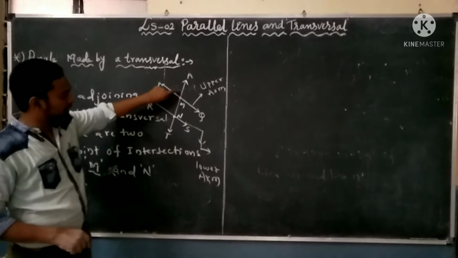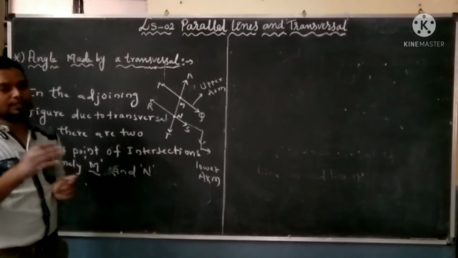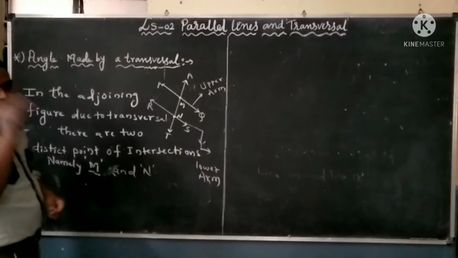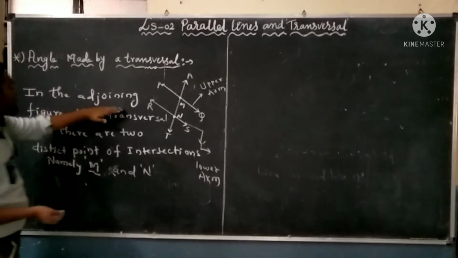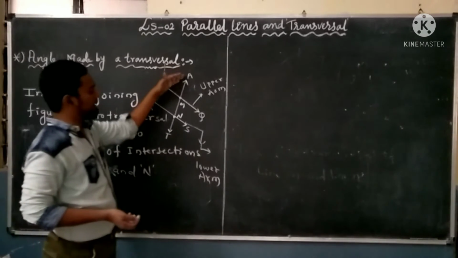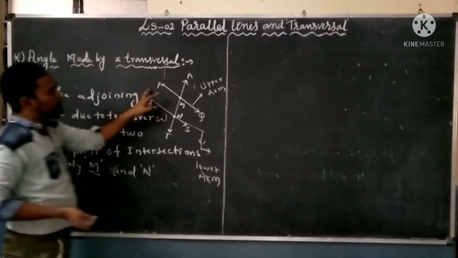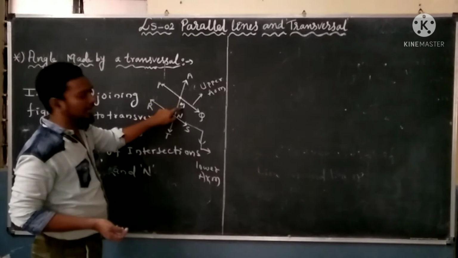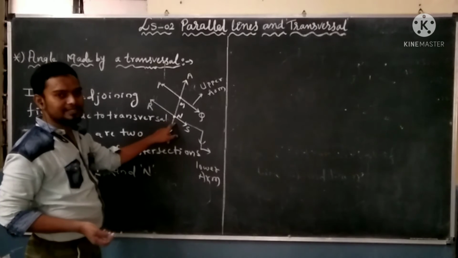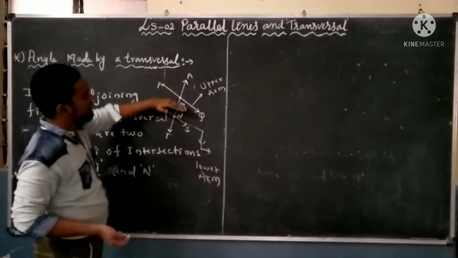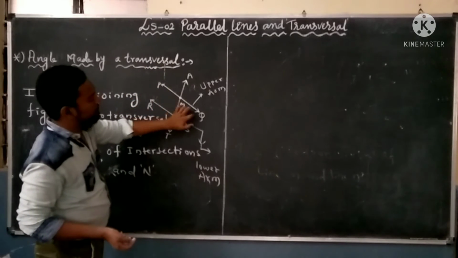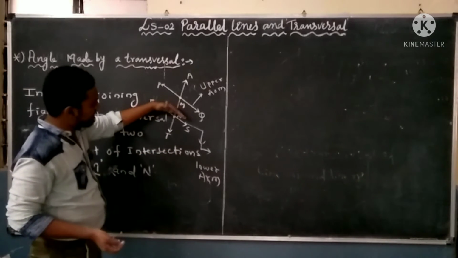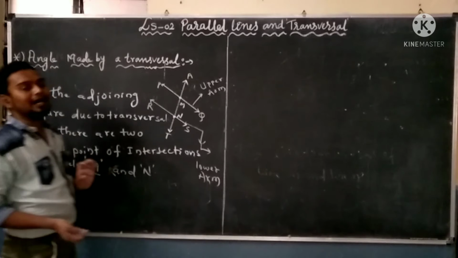Transversal line AD intersects PQ and RS at the distinct points M and N. In PQ, the midpoint is M. In RS, the midpoint is N. A, P, M, Q, this part is known as the upper arm, and this part R, N, T, S is considered as the lower arm.